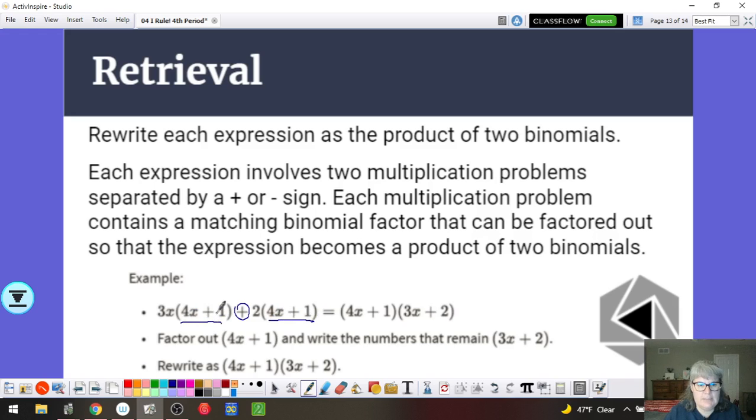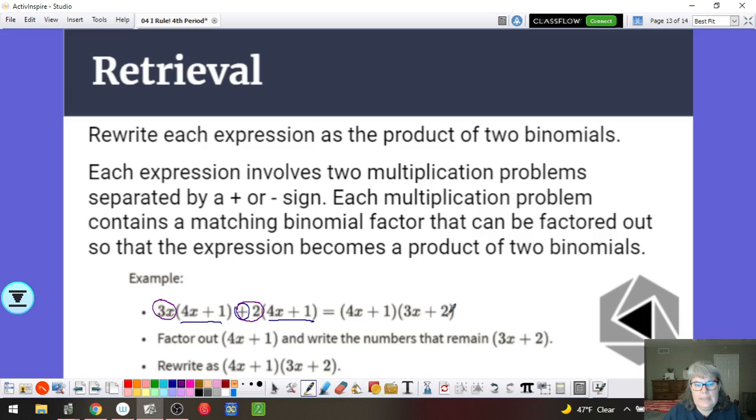In this case, it's the 4x plus 1. So we're going to factor that out. It's like taking it to the front and writing it all by itself. And then we're taking that extra piece, or the leftovers, I guess you could say, the 3x and the plus 2, and creating a new expression with those.